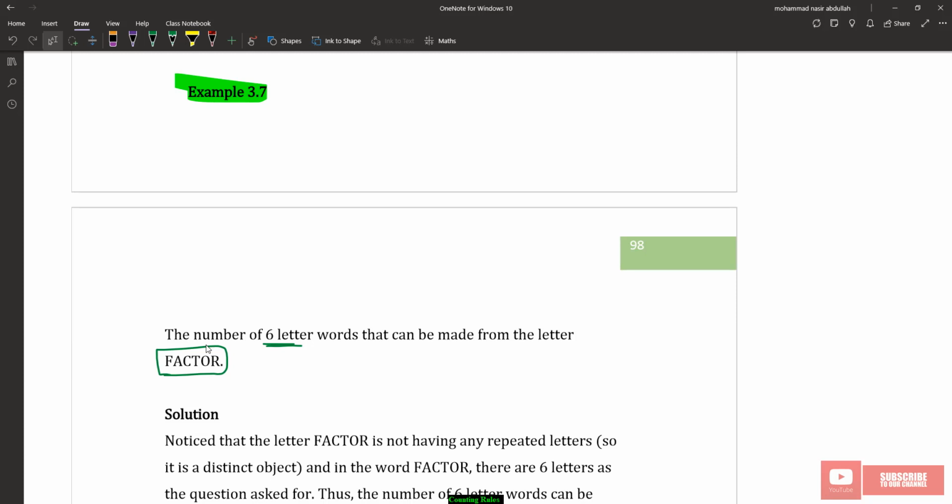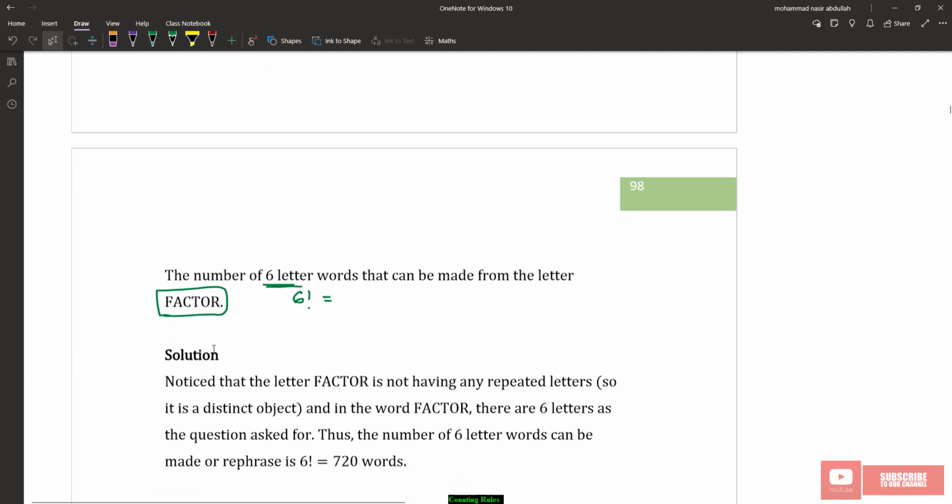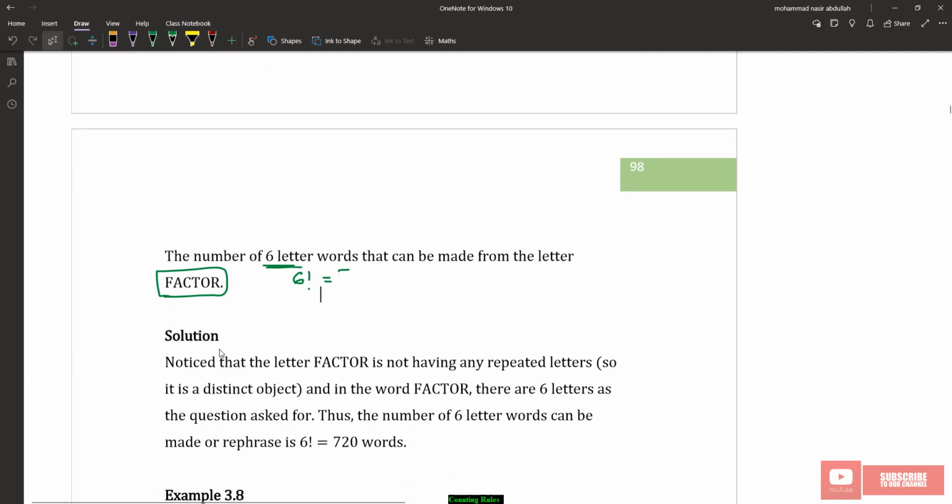If you look at the word factor, F-A-C-T-O-R, there are no repeated letters. So the number of ways to arrange the letters is 6 factorial, which is 720. If you have my books, I already explained this. In this lecture, I re-explain in case you do not understand the solution I already provided.